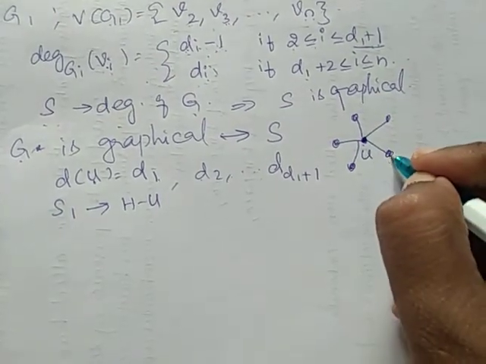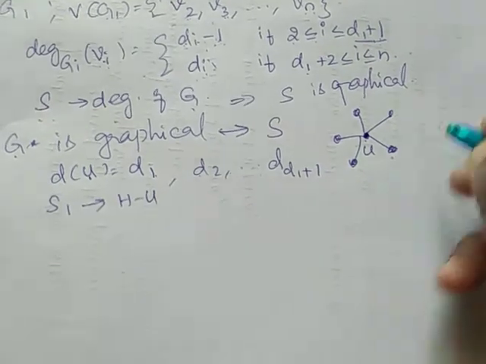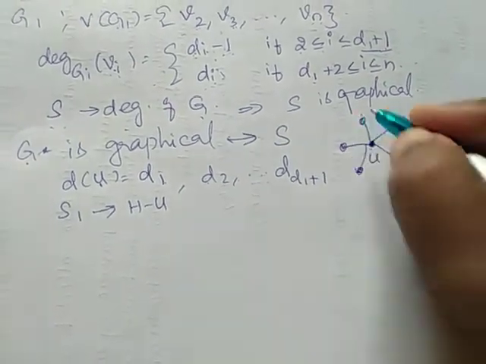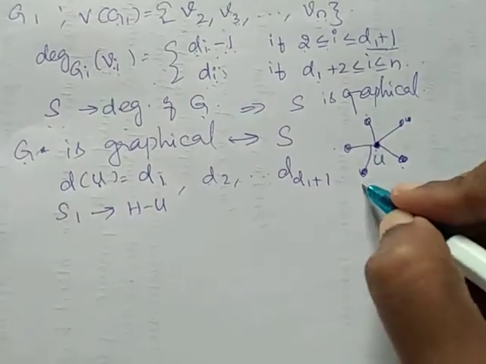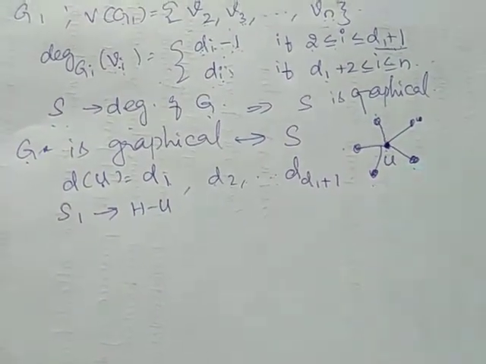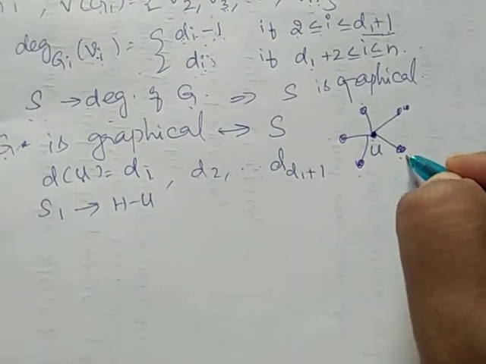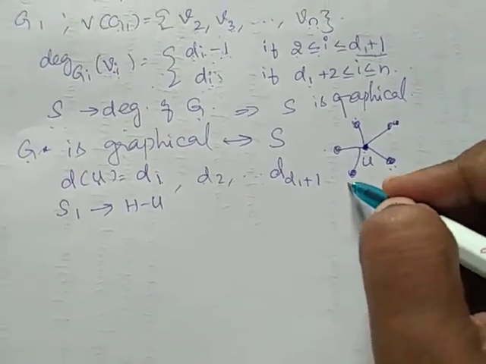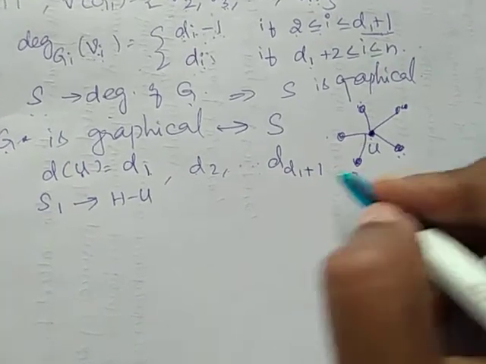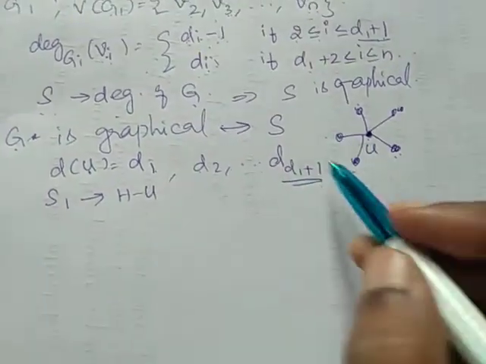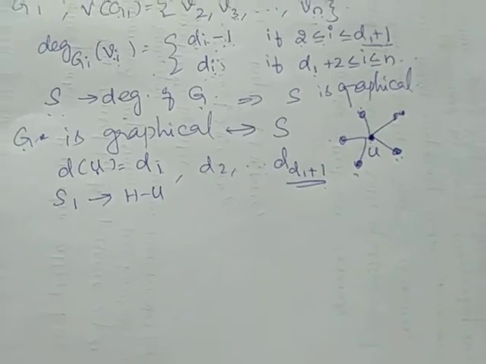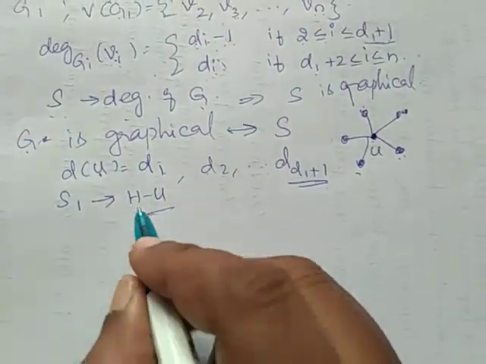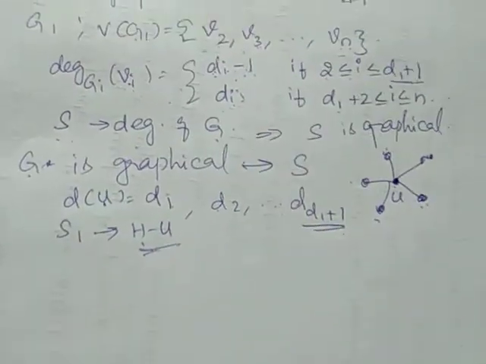Now each of these vertices also has some degree. I am taking these degrees as D2, D3, D4, etc., till D of D1 plus 1. Obviously when we group this, S1 is a degree sequence of G minus U. G minus U is a subgraph and the proof of the converse is complete.